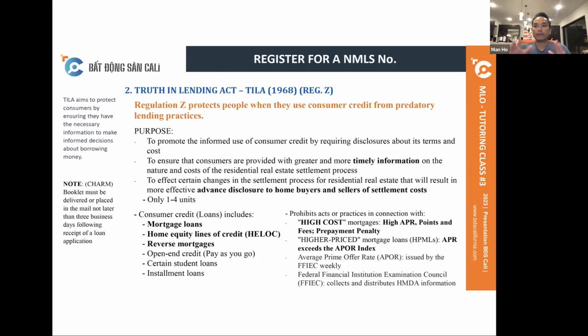HELOC means that, okay, if you already own a home and the market appreciation in the past few years was great, right? Your home that you purchased for $500,000 is now worth $700,000. So you have $200,000 in equity, okay? Plus some of the principal that you paid for the last 2 years. So you may have a little over $200,000 in equity.